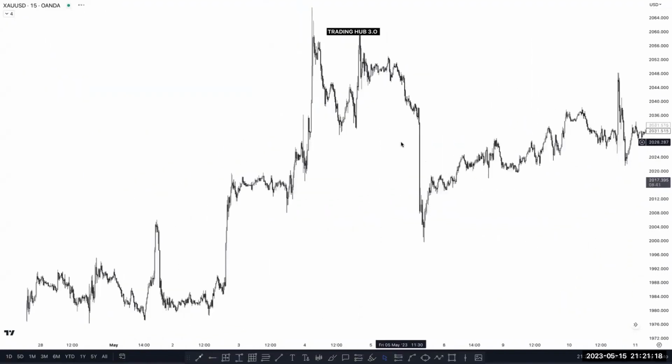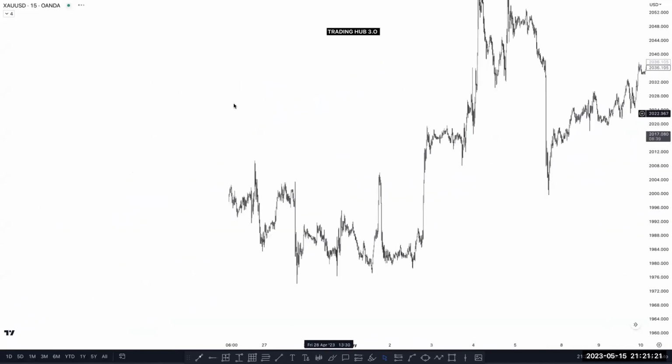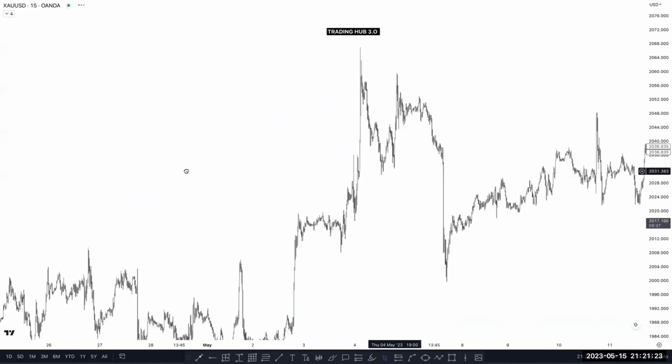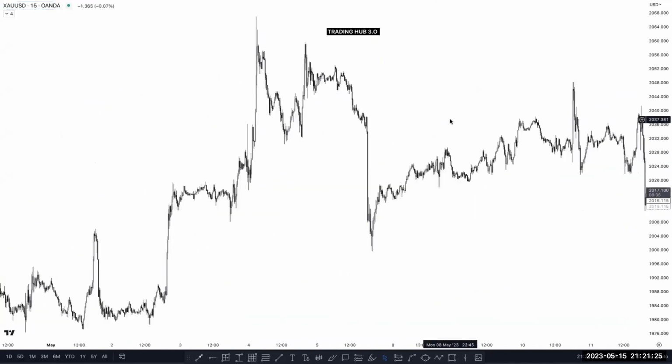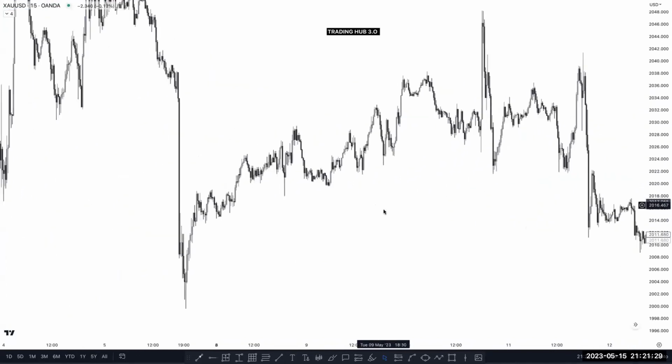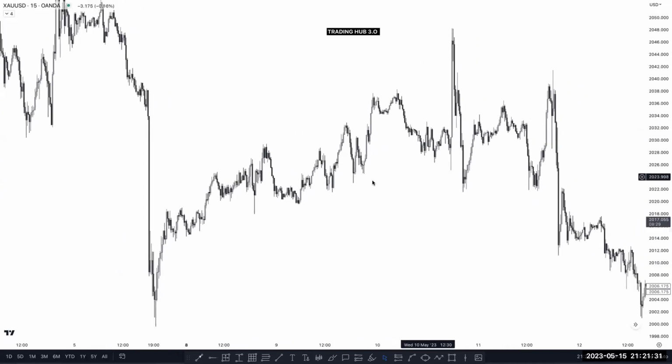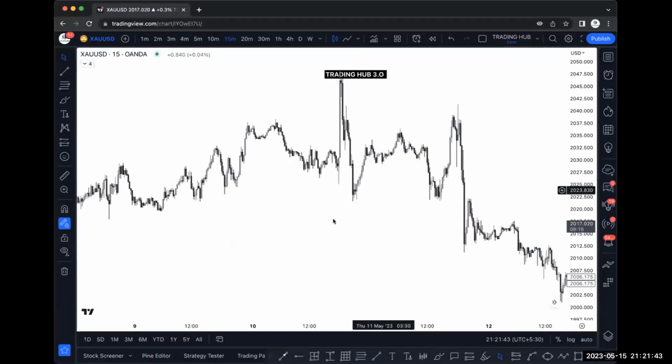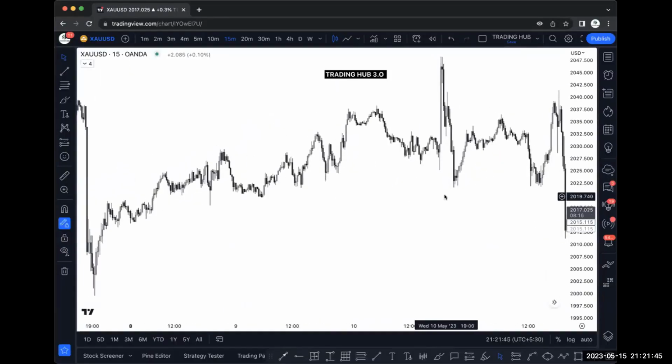All right, everyone. So first of all, do you want to trade this internal range here? If yes, external, internal, both scenarios will be the same, right?